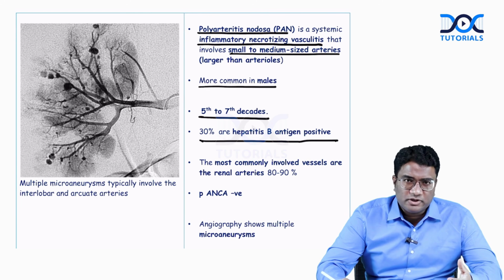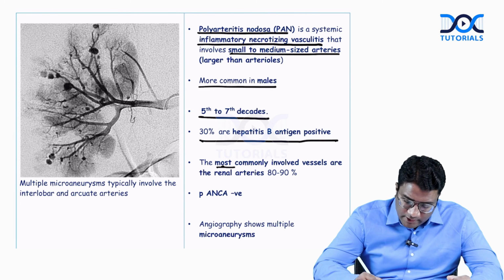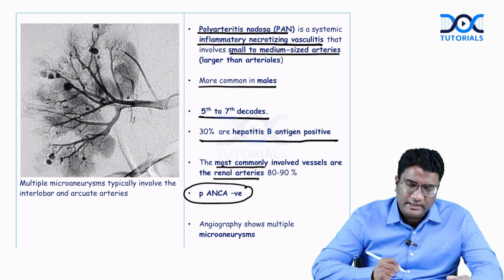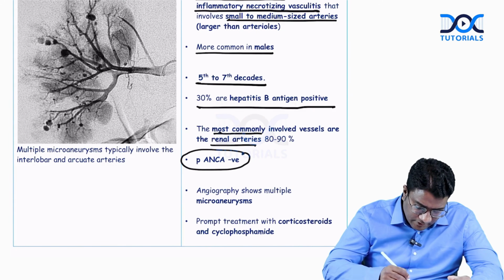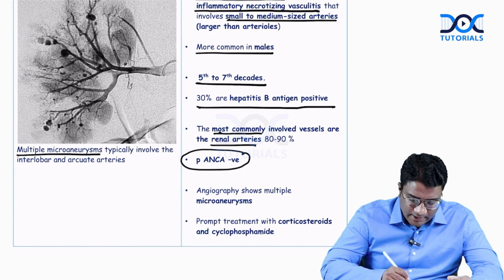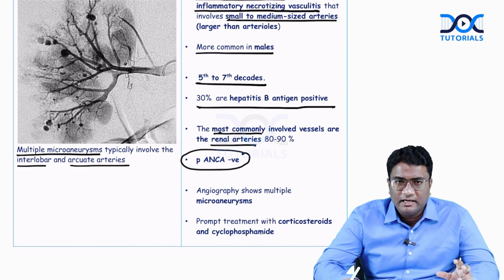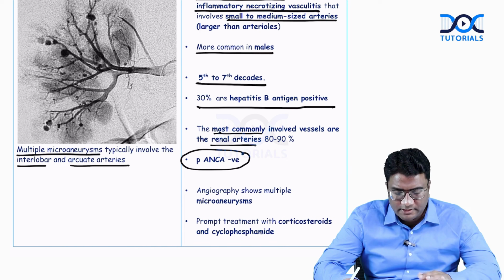So, very strong association with hepatitis B. And the most common artery involved in polyarteritis nodosa is renal artery. It's a P-ANCA negative vasculitis. And what do you see? You see this classic renal artery microaneurysms in the interlobar and arcuate branches. Within the intraparenchymal branches of the kidney, you are seeing this renal artery microaneurysms in case of polyarteritis nodosa.